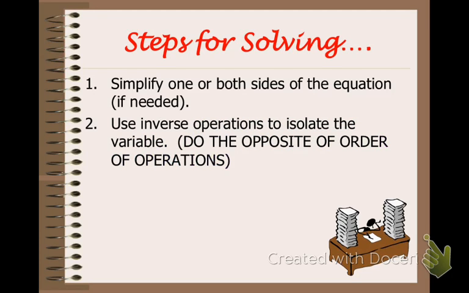Use the inverse operations to isolate the variable. So remember, we learned how to undo addition and subtraction first, then we learned how to undo multiplication and division. That's the opposite of our order of operations, but that's going to make the problem the easiest to complete the right way.